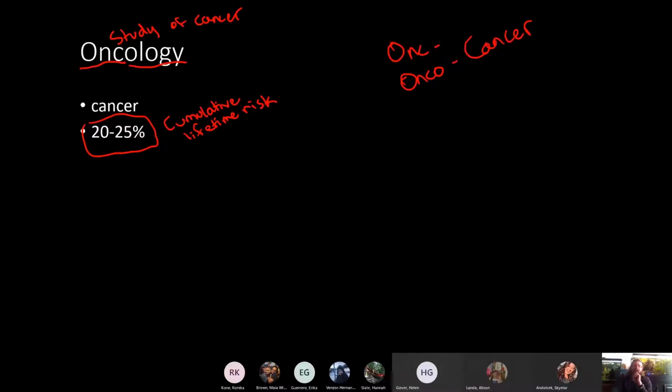So now that we know that 20 to 25% of the population is going to end up with cancer, let's talk about what cancer actually is. So cancer refers specifically to cancer cells. So cancer cells are cells that are replicating, right?